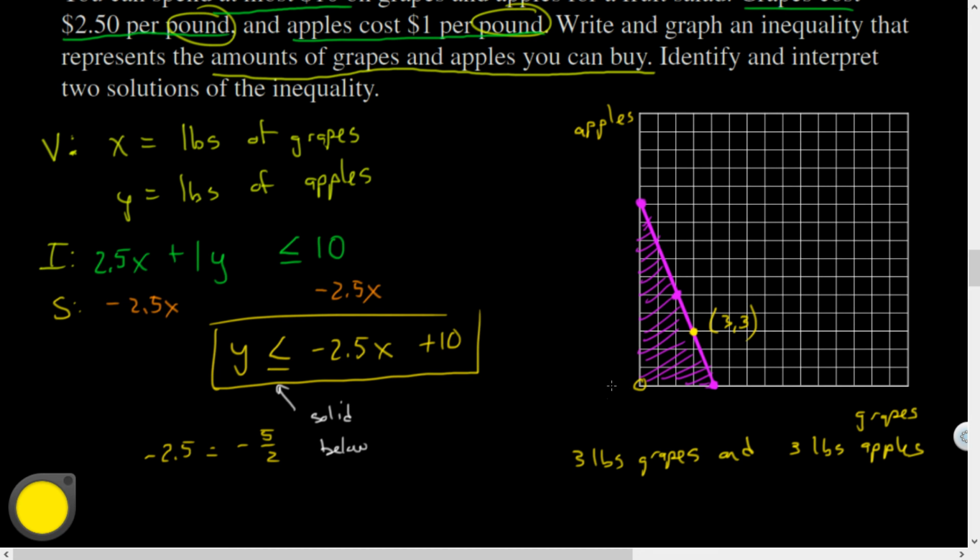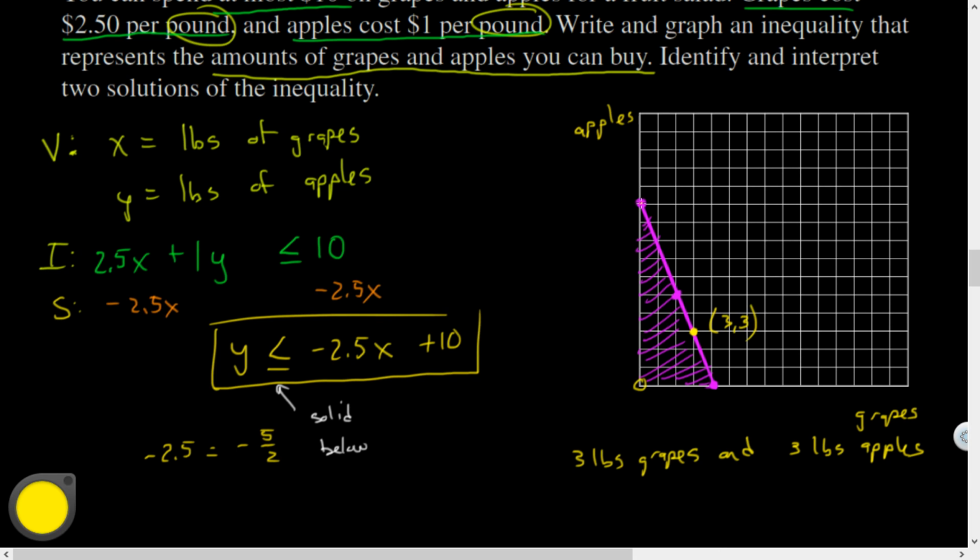That's a possible solution. But the points on the line would be any combination in which I spend... Actually, that's not exactly 3, 3. It shouldn't have crossed there. It crosses a little bit less. Yeah, I don't know. Well, anyways, that's one of the problems with graphing. But let's keep going anyway.